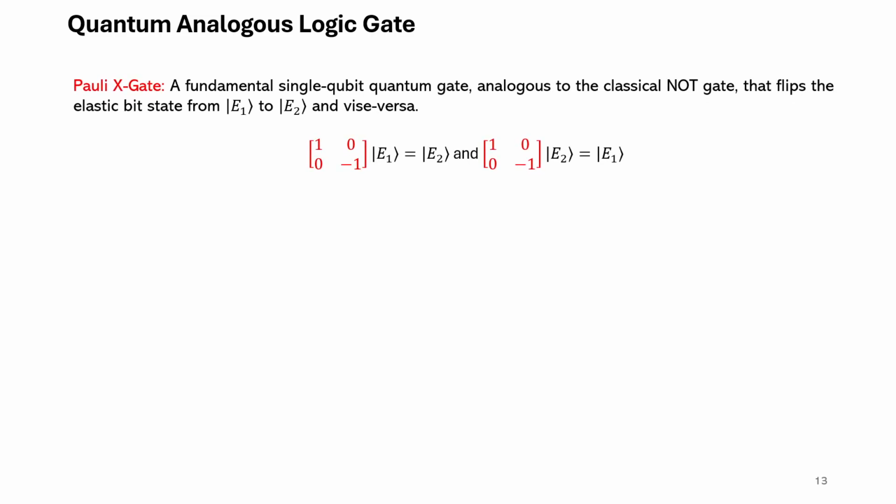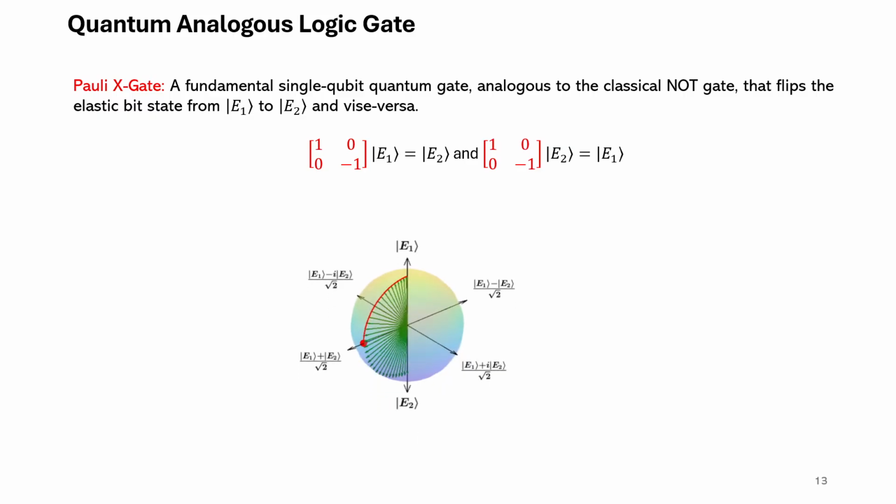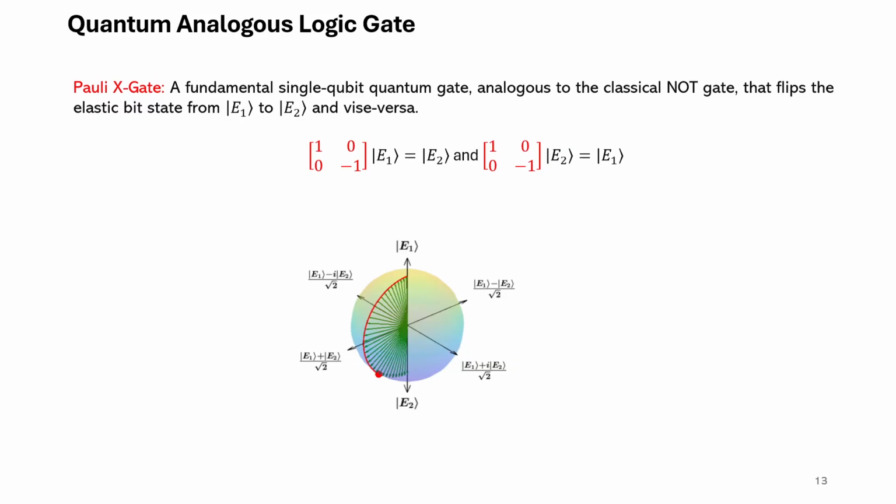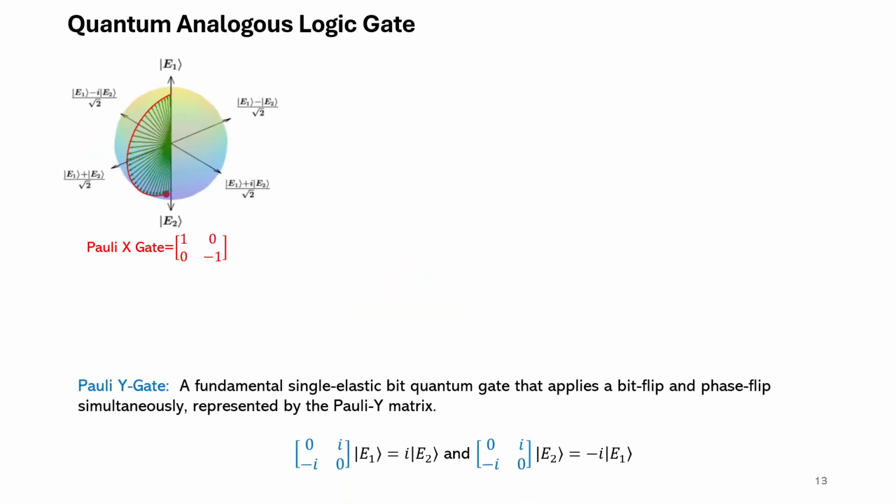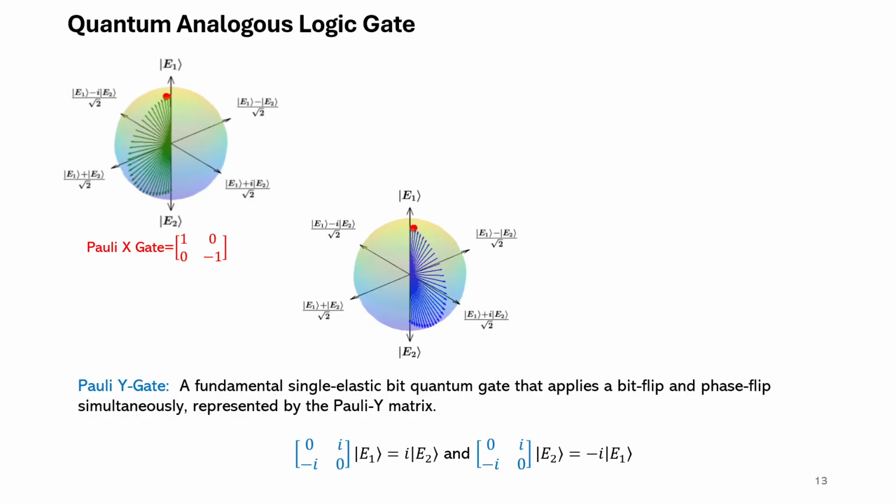With the results that I have shown before, we can show all 6 gates in our elastic bead. The first one is the Pauli X gate, which can change the pure state E1 to E2, and E2 back to E1. Then we have the Pauli Y gate, which can also change the E1 state to E2 and E2 to E1, but it applies a bit flip and phase flip simultaneously, so it has another direction of changing the bits.